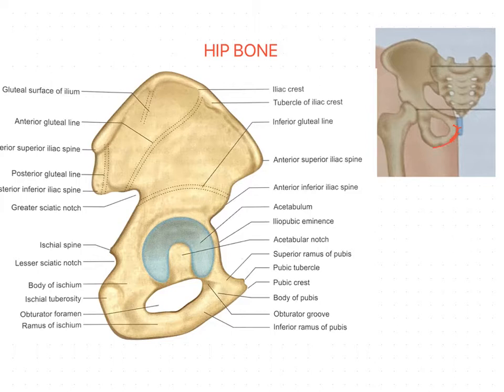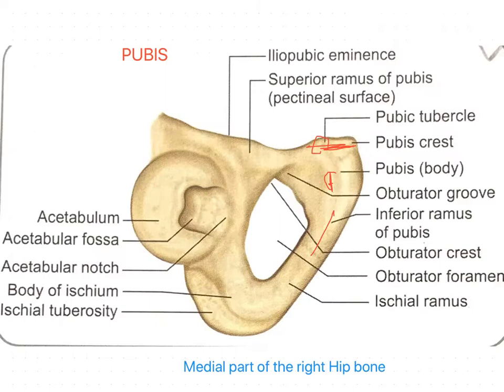This anterior surface is rough, especially at the superomedial part, and smooth in the remaining part.